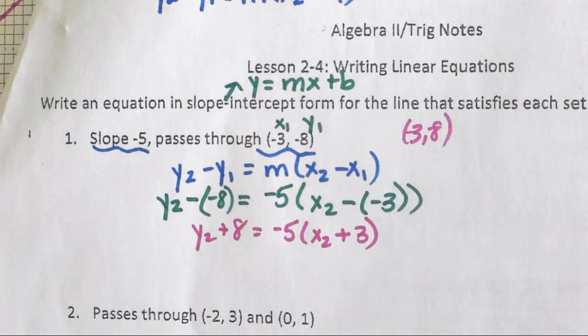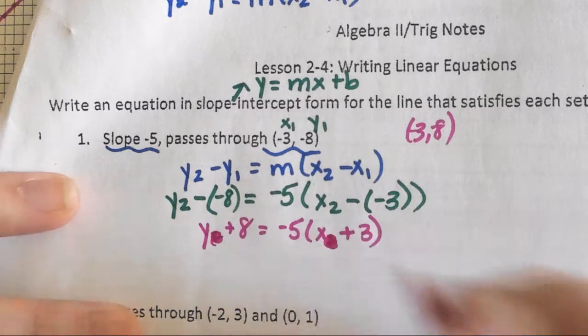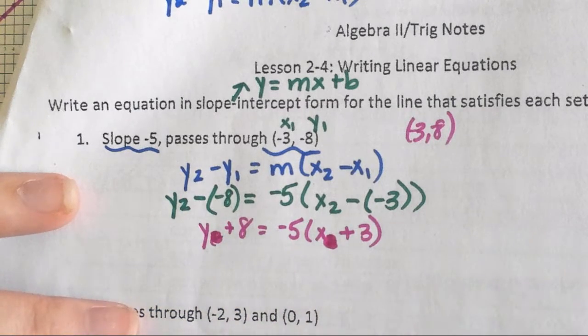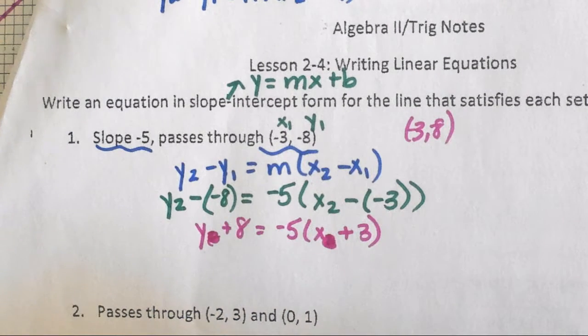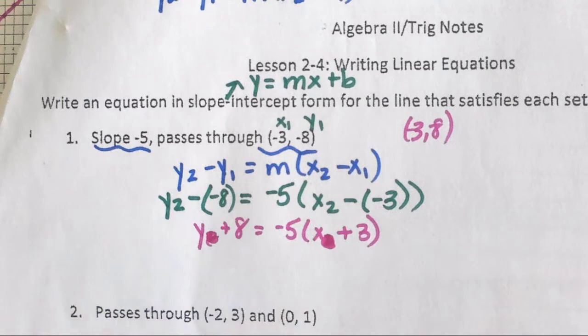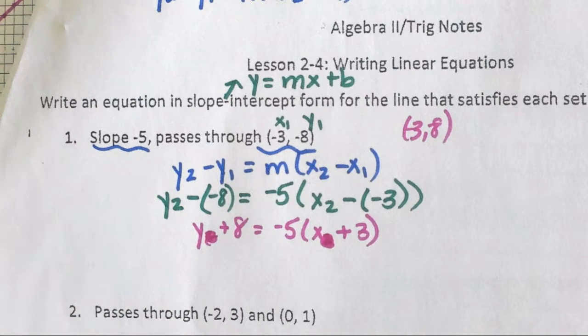But let's be honest, we're going to get real lazy from here on out. We're not going to even bother to write the little tiny 2's. We don't need that. They were to help us to begin with, to make sure we were plugging in the right spots. Now they're just getting tedious and we're getting lazy. Great. Can we graph that? No. We're going to have to do some things. What's one thing I need to do?